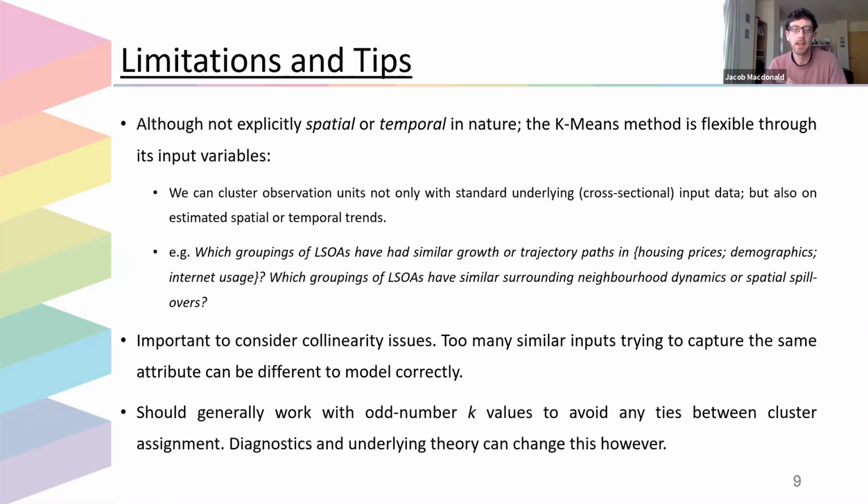So although it's not dynamic in the sense of incorporating space or time, the benefit of the k-means is that the input variables are flexible. So you can get really creative in how you define inputs depending on what the research question is. If you want to explore a spatial or temporal clustering of neighborhoods on trajectories or surrounding trajectories, you can think of ways to incorporate all of this into your input variables.